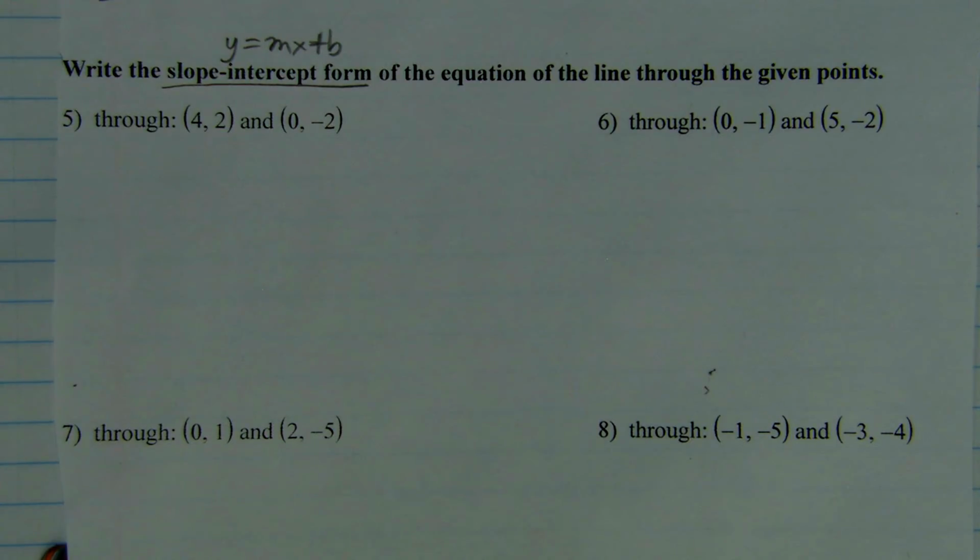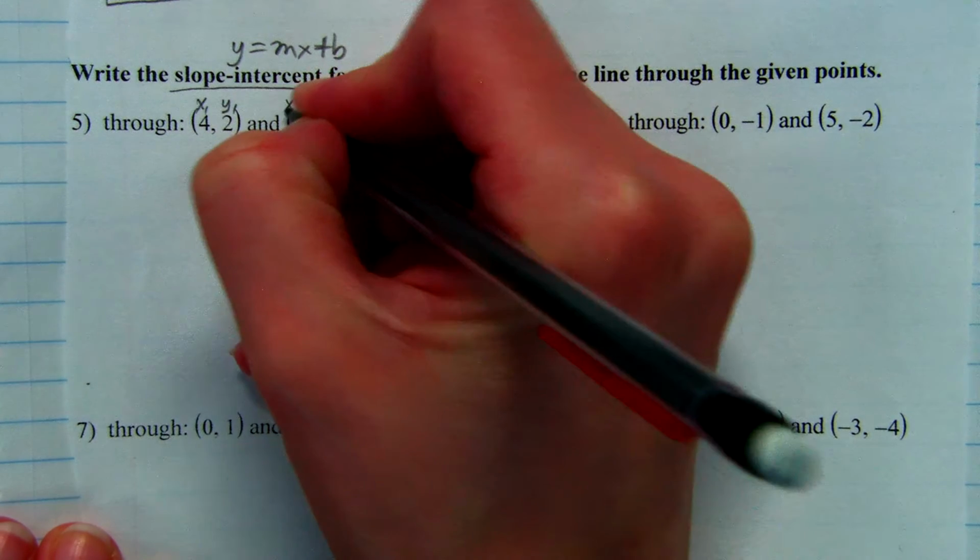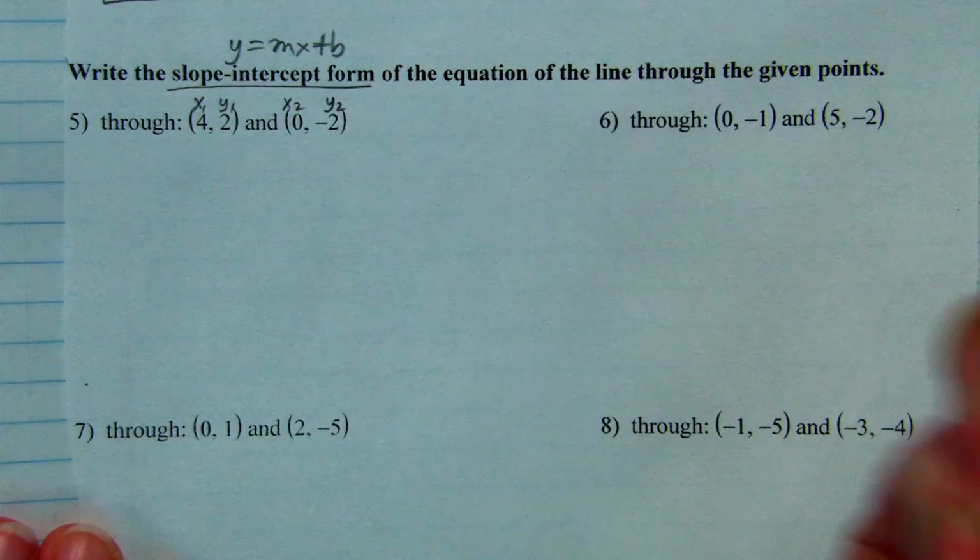And for our story problems, which I'm excited to show you guys next week, what this is actually useful for is kind of exciting. And when you get it down to that y equals, you can get some really useful information. All right, so I'm going to start by labeling this x1, y1, x2, y2.